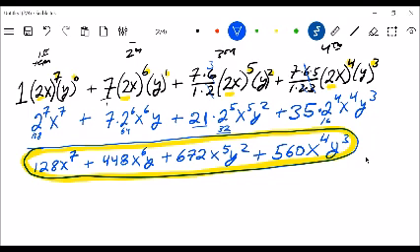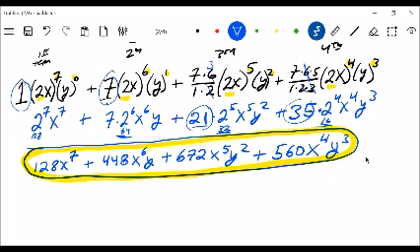Not Pythagorean, my mistake, the Pascal's triangle. This 1 and 7 and 21 and 35, those do match the Pascal's triangle, but the final answer has other numbers multiplied to those. So the final answer uses, I guess you could say, Pascal's triangle and numbers raised to a power. So that's a variation here.